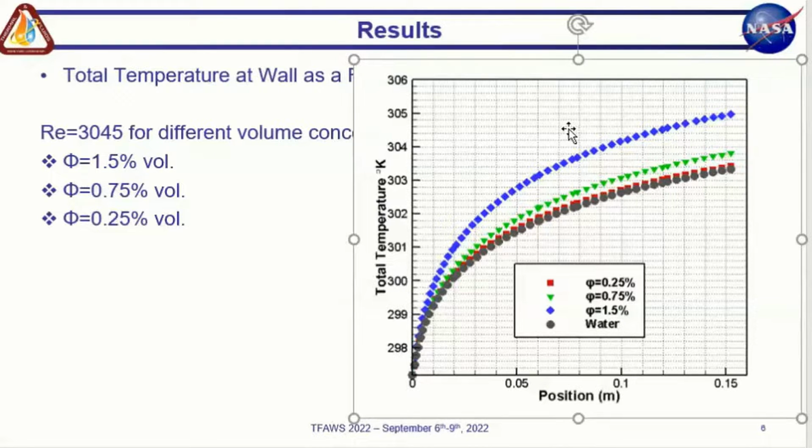But I imagine if you're looking at very intricate systems with very small dimensions, like microchannels, for example, where the size of the conduit is getting closer to the size of the nanoparticle, there may be some issues. Or microfluidics, there might be issues there, but we're not looking at that.